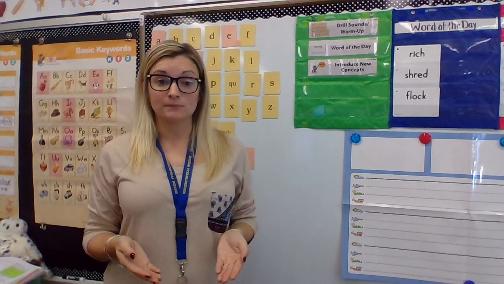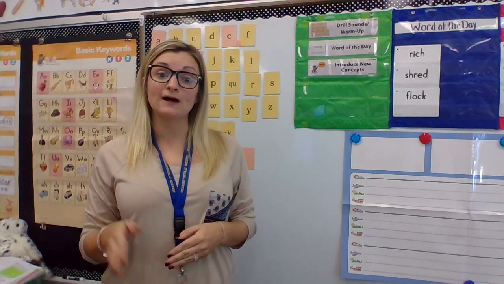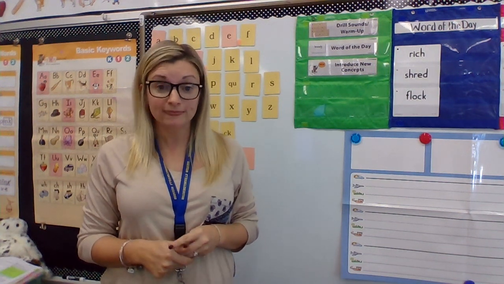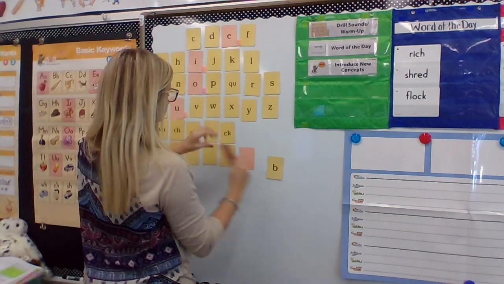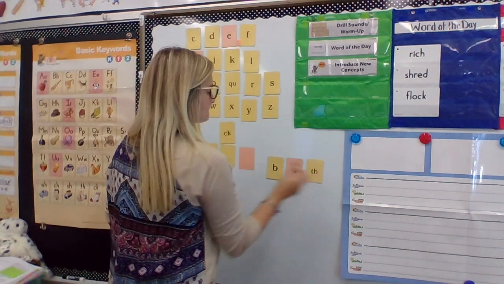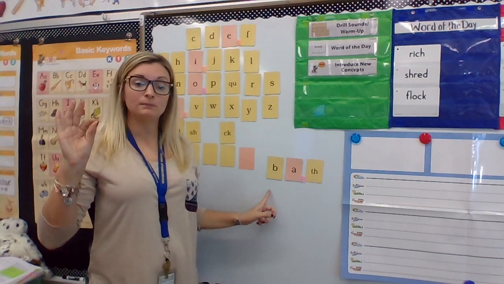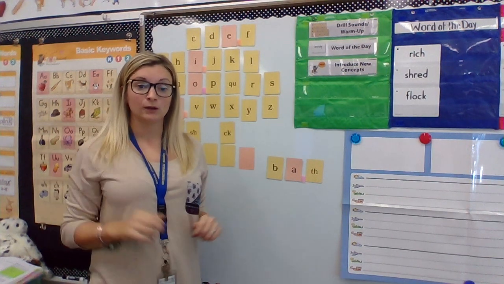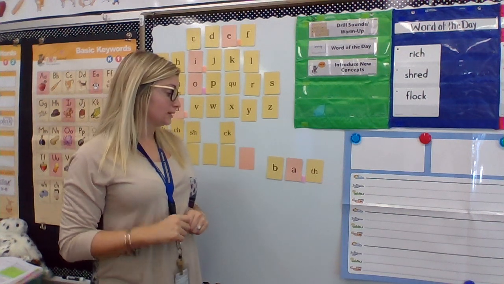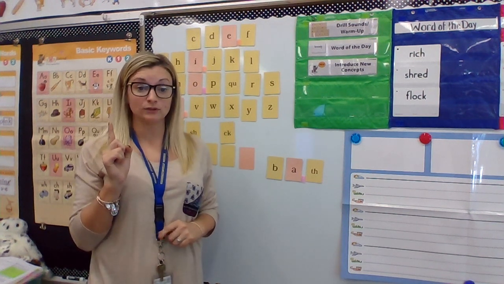Now in closed syllables, there may be times where the vowel is actually followed by two consonants, and that's okay too. Let me give you an example. Let's tap this one out. B, a, th, bath. Okay, let's look. Number one, does it have one vowel?